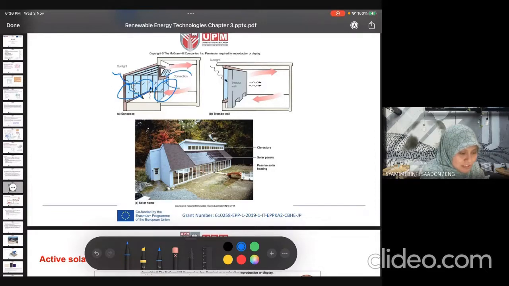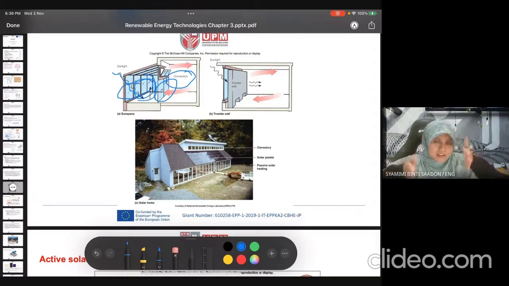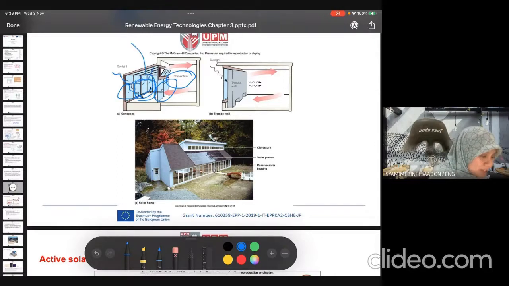So there's also another heat transfer mechanism, which is convection. What is the process inside this area? Actually here, between the two glaze window, the area between the two glaze window, we call it as air gap. This is the air gap area.